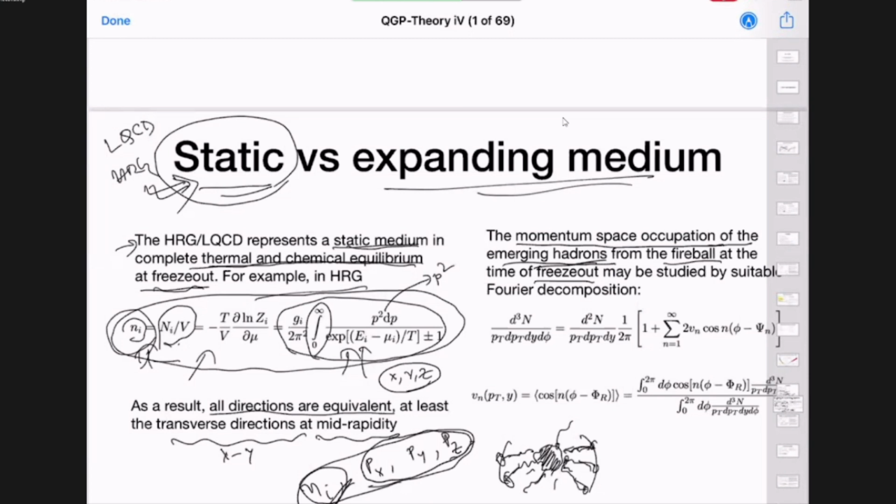That means what you are measuring in the detector is the state of the hadron at the time of freeze out, right? So the momentum space occupation of the emerging hadrons from the fireball at the time of freeze out, okay?